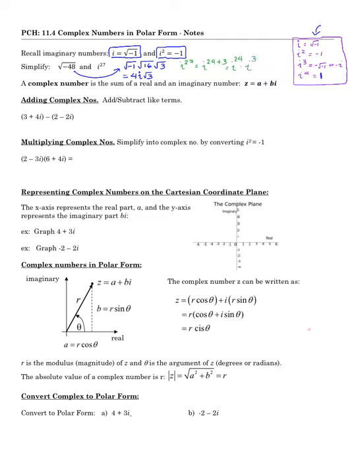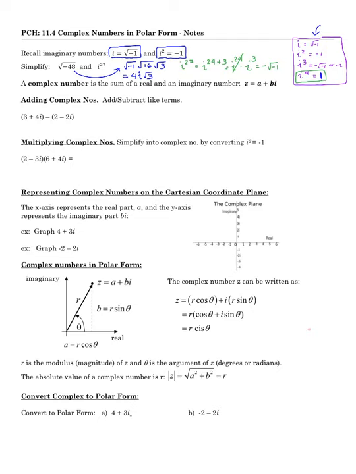Well, anything that has a power of 4 is going to simplify to 1, because it's going to be 1 to the 6th power. i to the 4th is 1. And then i cubed, we can just pull from our list and write that as negative square root of -1. We're not going to be doing too much of that. That's just meant to be kind of a review of your complex numbers.